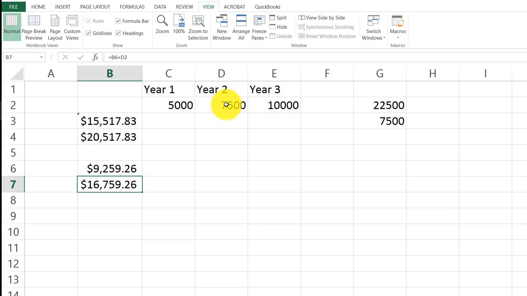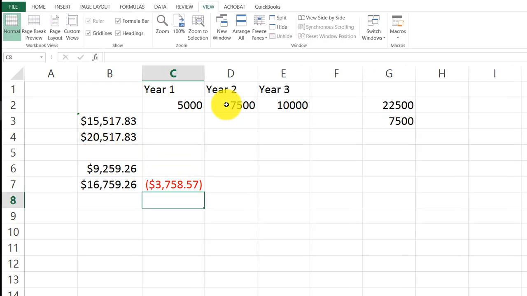Okay? So the difference, $3,758.57, would be our credit to the right-of-use asset and a debit to the liability. So you recalculate your net present value. You now know how to do the formula, okay? And then you record that difference as a journal entry.